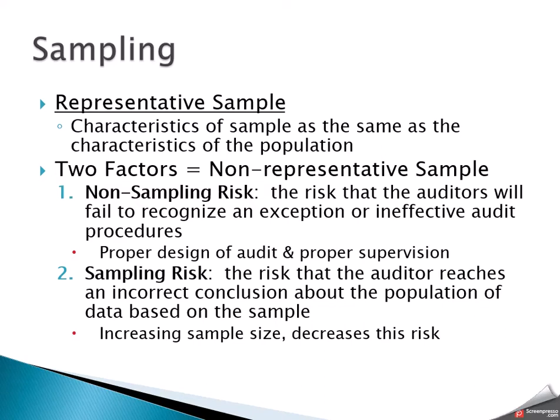And then sampling risk is that the auditor is going to reach an incorrect conclusion about the population based on the sample that he pulls. Again, we're assuming that it's a representative sample, and we're making some assumptions about the whole population based on the few that we've pulled and sampled. There's always a risk that what we pull really doesn't represent the entire population.